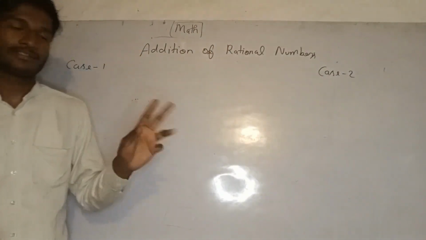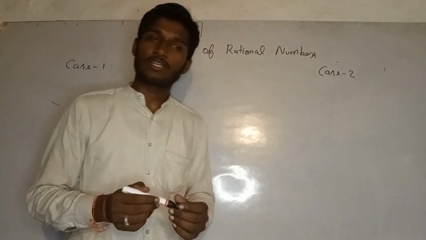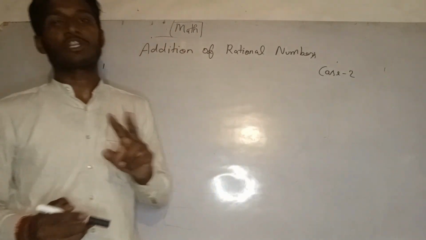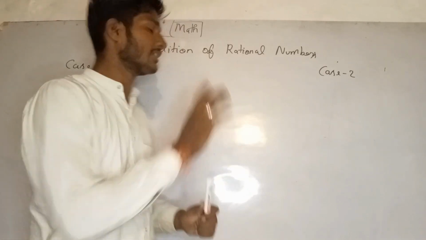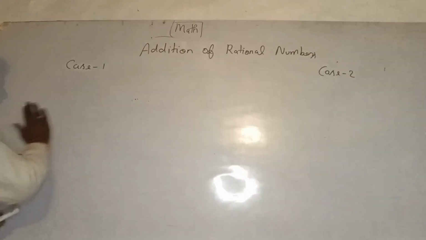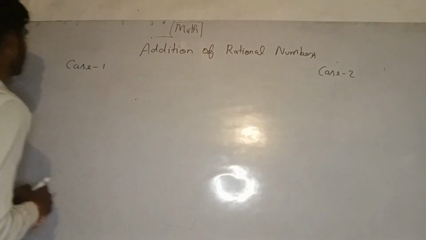There are only two types of adding methods applied on rational numbers, the first case and the second case.